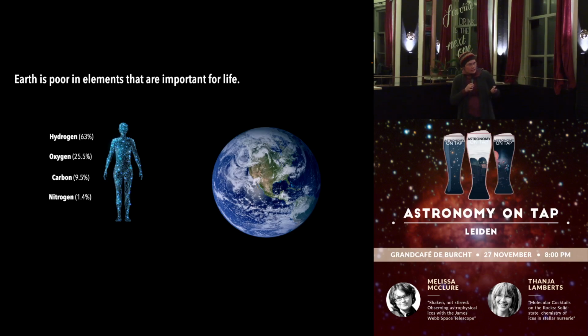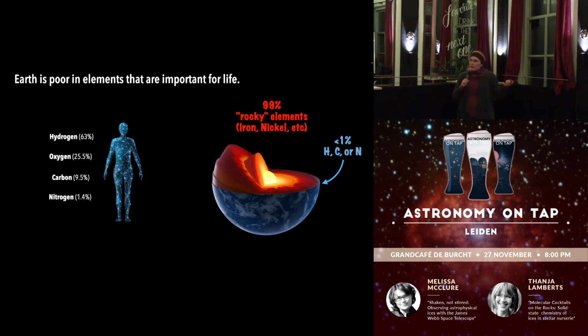But if we take into account the entire mass of Earth, including its mantle and core, the Earth is 99% rocky elements. And oxygen is included in there because oxygen can be both a rocky element and also an icy element.